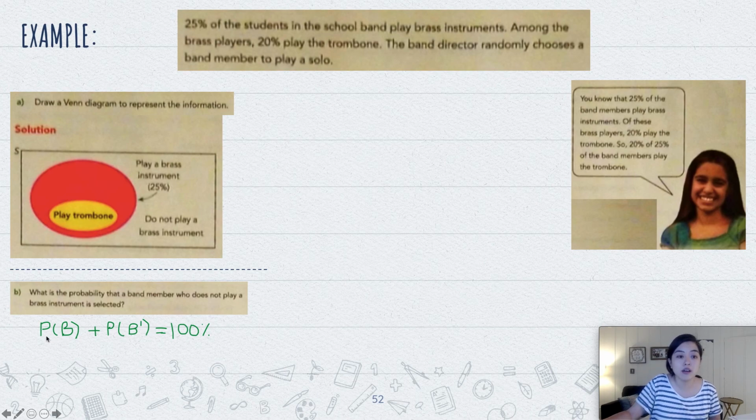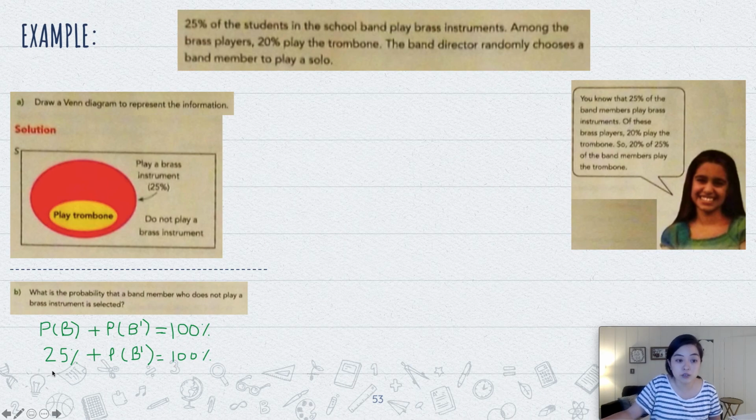So the percentage of those who play a brass instrument is 25%. It's given in the information, and we also drew it in the Venn diagram. So it's 25% plus the probability of those who don't play a brass instrument equals 100%.